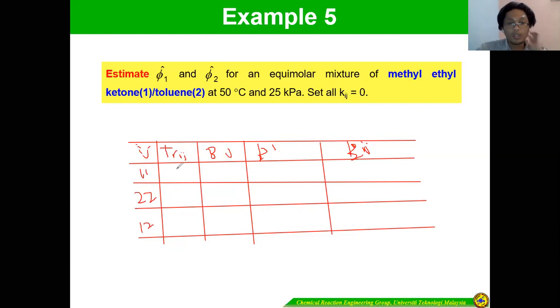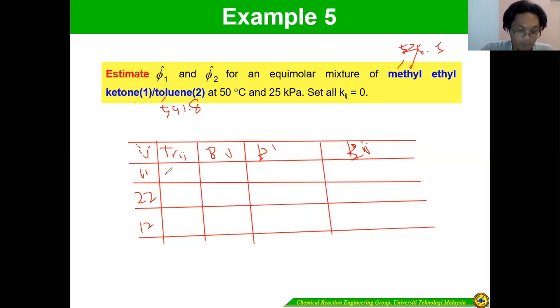For TR, if you remember, TC for methyl ethyl ketone from the appendix is 535.5 Kelvin, while for toluene it is 591.8 Kelvin. So just substitute.